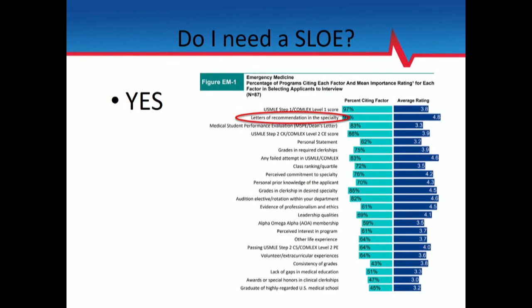You'll see the second one there is the letter of evaluation in your field, which for us would be the SLOE. It ties with Step 1 as being most important in terms of the number of people who look at it, and when they rank it with a weight, it's the most important factor. So this is a really, really important part of your application.